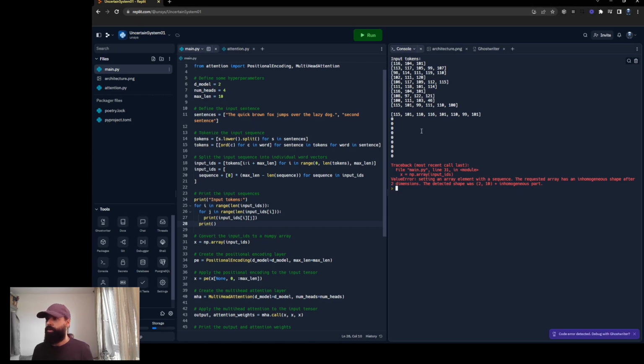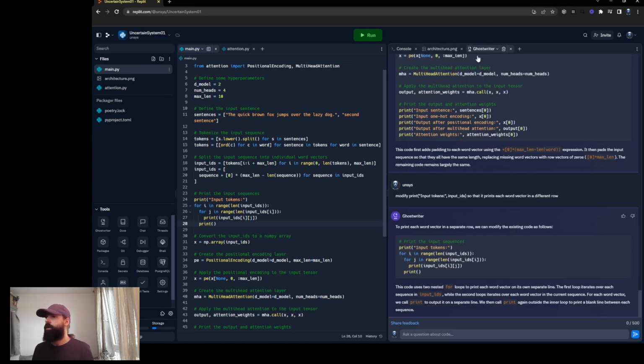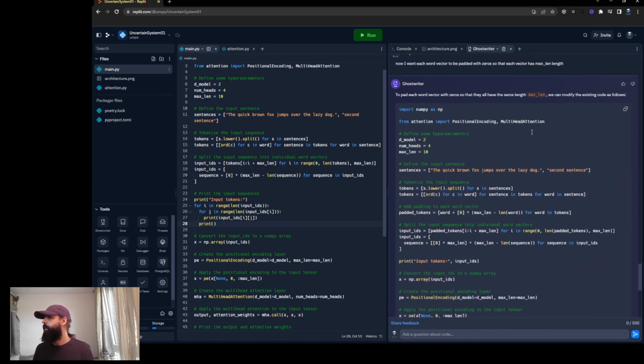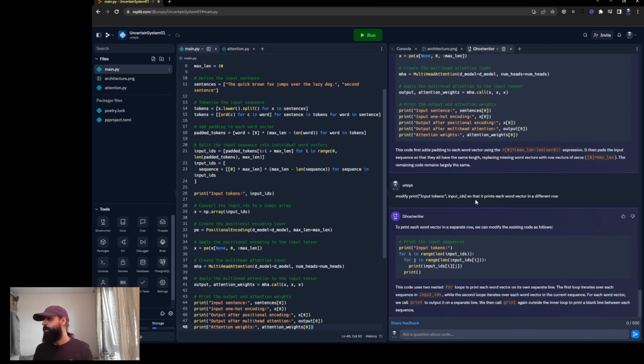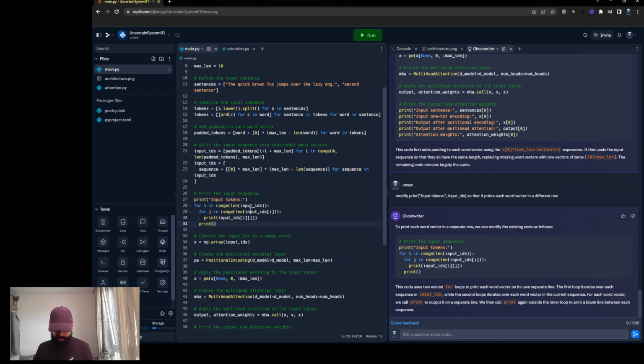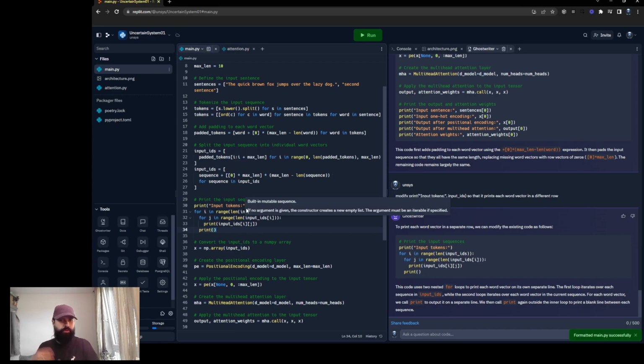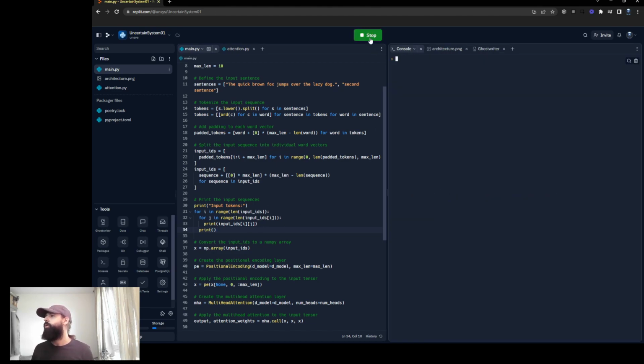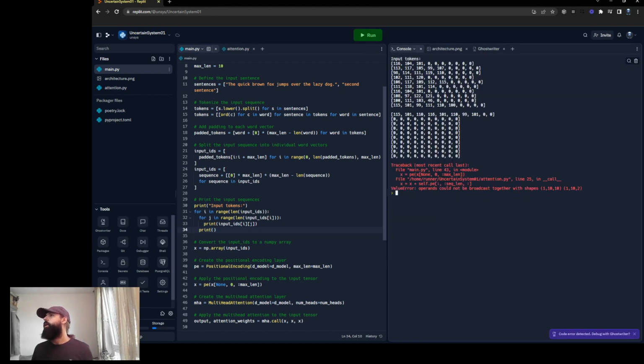Oh god, input token. Sorry, I think I first should copy all these, then I should copy these. So essentially, what you have to get good at is finding the right balance when iterating with ghostwriter to get this stuff done. It's sometimes faster to iterate than to just try to understand what went wrong. Okay, now we're talking. And then I want the length.